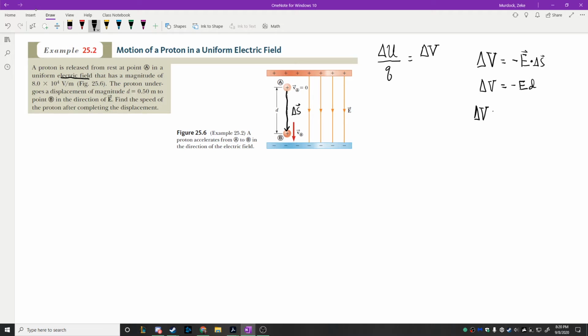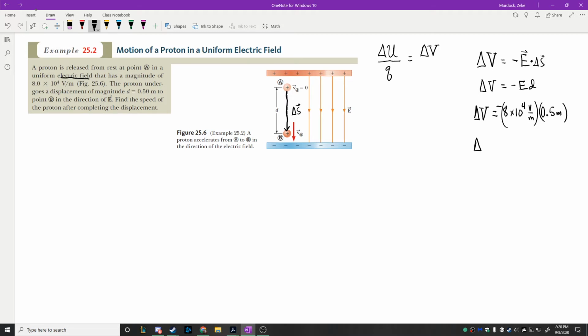So the change in potential is going to be the electric field, which is 8 times 10 to the 4 volts per meter, multiplied by the distance d, which is 0.5 meters, and you have to remember there's a negative sign here.